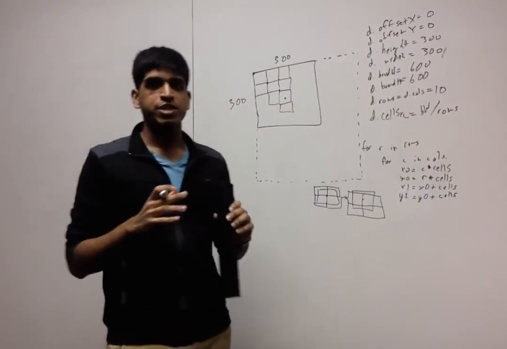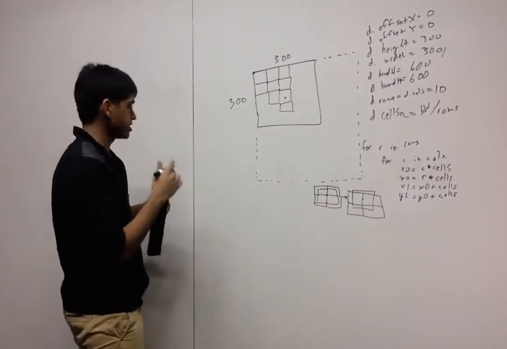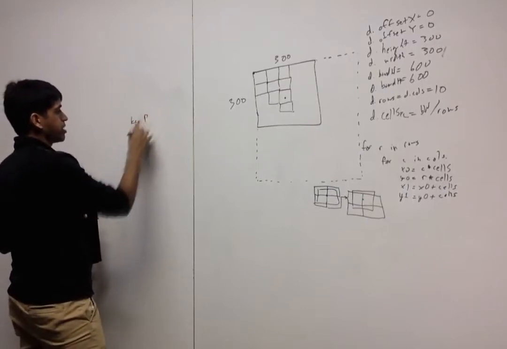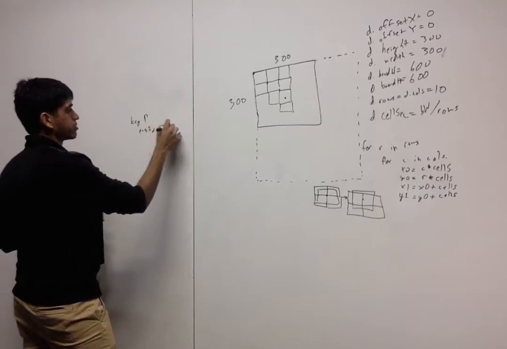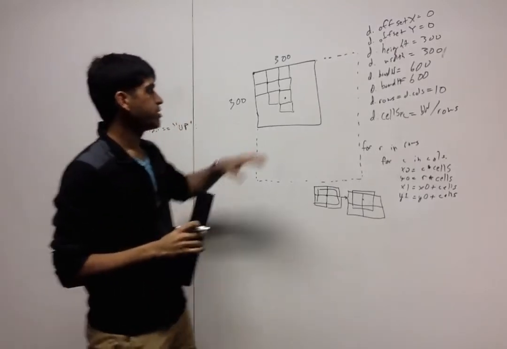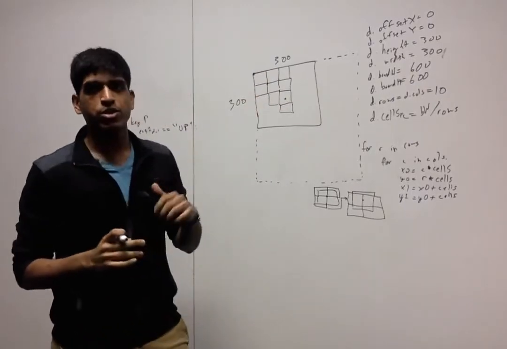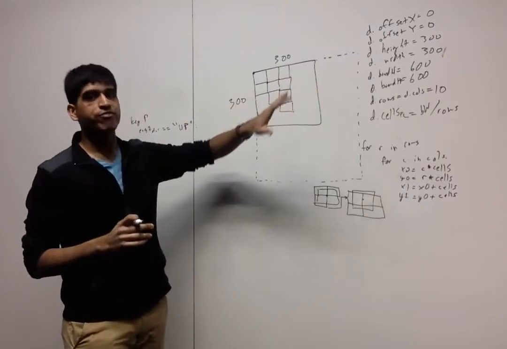So now, let's think about the different scenarios. Well, if the player presses up, so let's say we're in my key pressed, and event.data is equal to up. Now, if the player presses up, that means that we need to shift the board down. Now, in order to know what that means, let's think about how we're actually going to draw the board based off of the offsets.